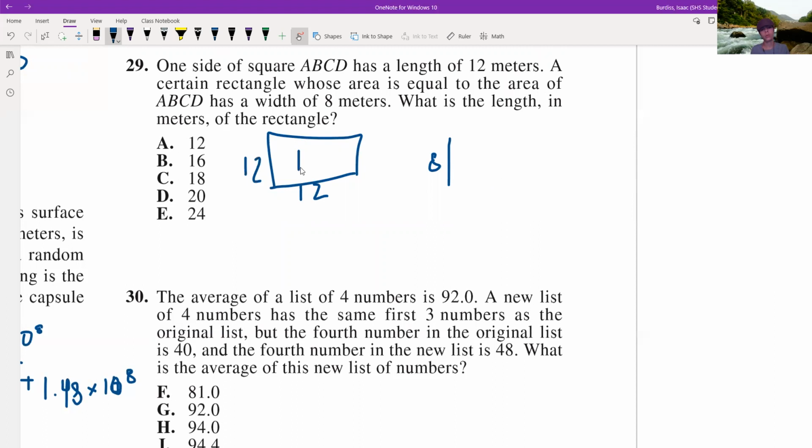So the area is 144. So we know that this thing, the area is 144 too, because it said that. So then you do 144 divided by 8 to find the length. Then that is 18. That's what the answer is.